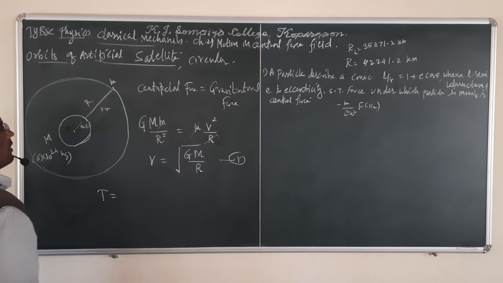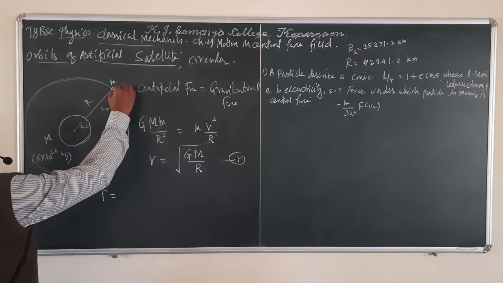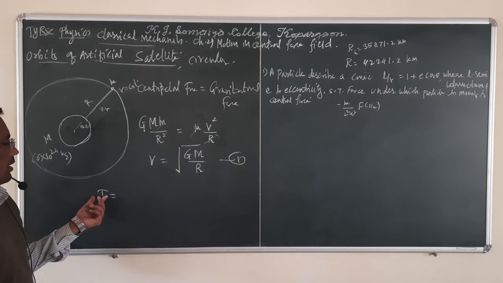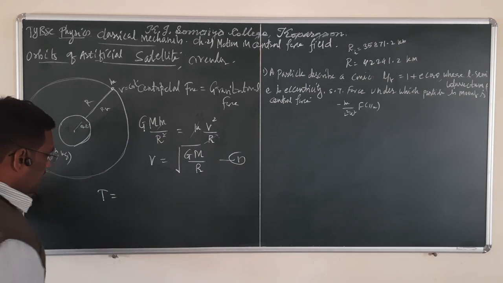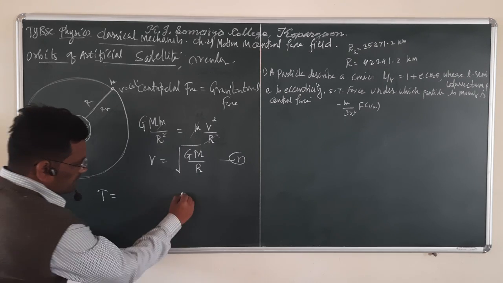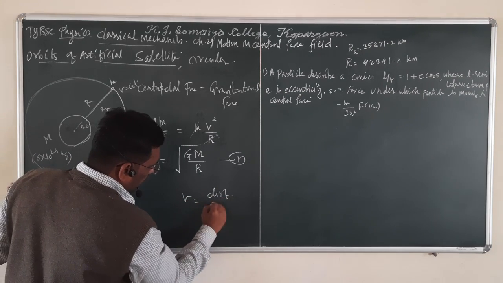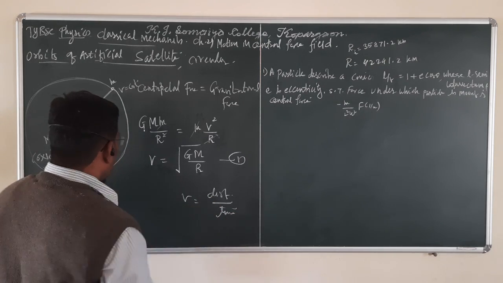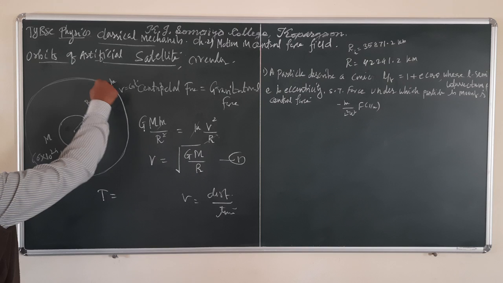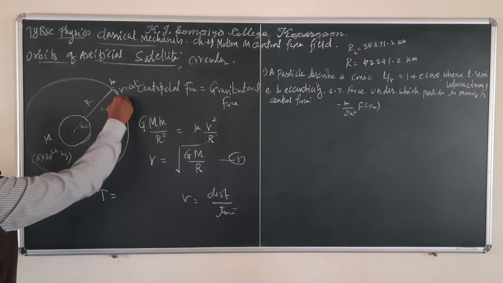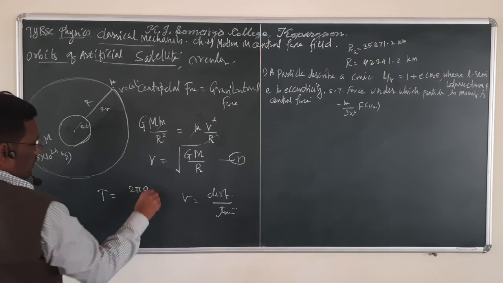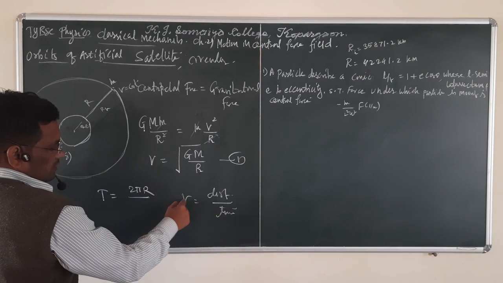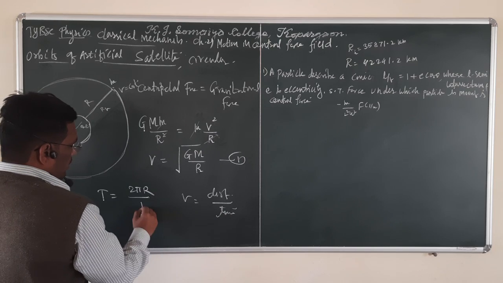Taking velocity to be constant, we can find this T. We know that velocity is distance divided by time, so time is equal to distance divided by velocity. Now to complete one rotation, the distance is 2 pi r, which is the circumference of this circle, divided by v, since velocity goes to the denominator.